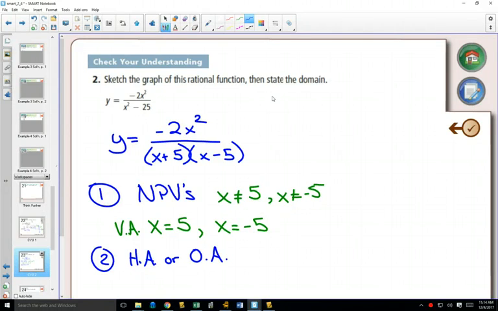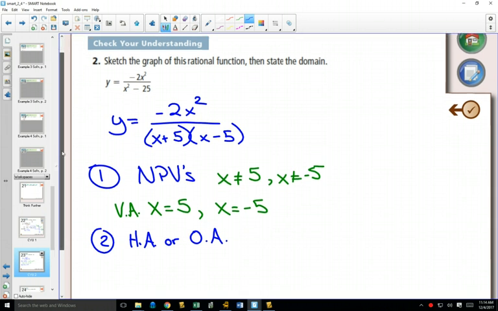Step 2, we're going to look, does this one have a horizontal asymptote or an oblique asymptote? If we look at the highest power in this entire rational function, it's an x squared. We have negative 2x squared in our numerator, and 1x squared in our denominator.